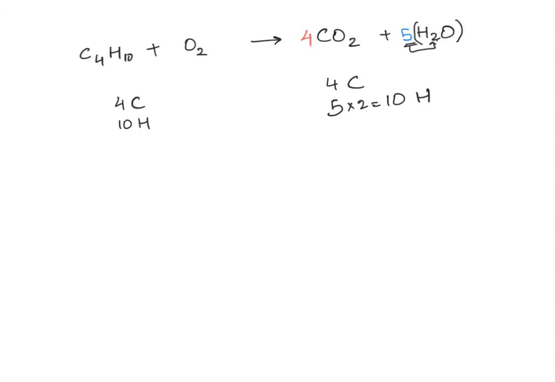Now we are left with oxygen. That is a little bit tricky here. There are 2 oxygens in this case. And here we have 4 times 2, 8 oxygens, plus 5 times 1, 5 oxygens. So we have 13 oxygens on the product side.